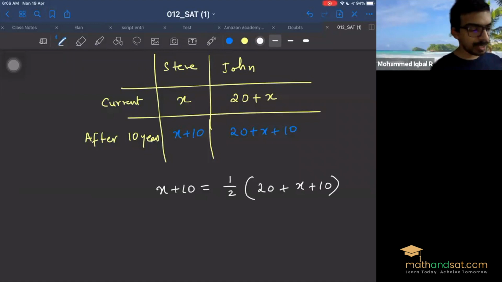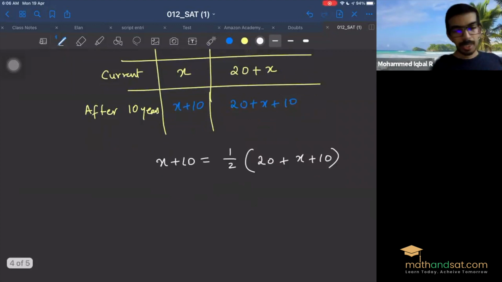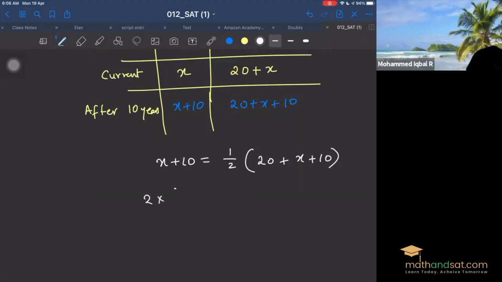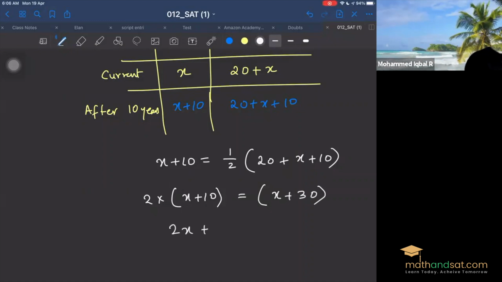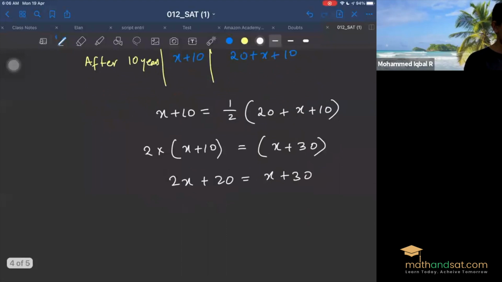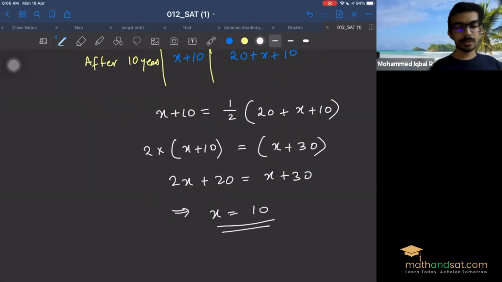There is half multiplied on the RHS. You take the half to the LHS, it becomes 2. So 2 times X plus 10 is equal to X plus 30. So we have 2X plus 20 is equal to X plus 30. So you have X is equal to 10.